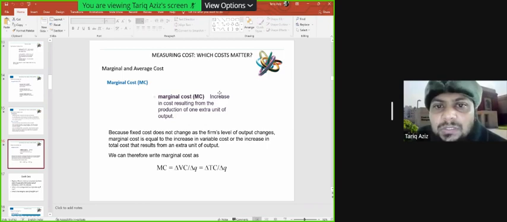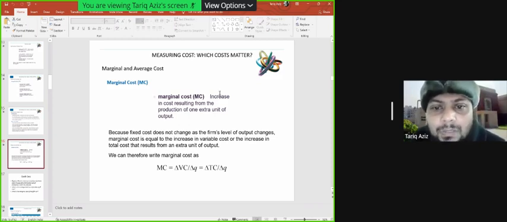So marginal cost is the cost resulting from the production of one extra unit of output, because fixed cost does not change. Whether we produce 100 units or 101, the fixed cost remains constant, remains unchanged.